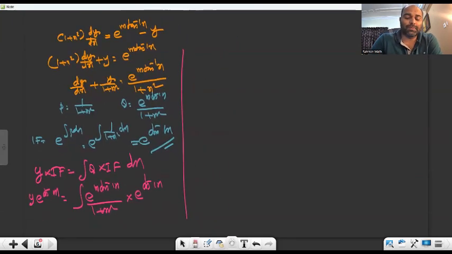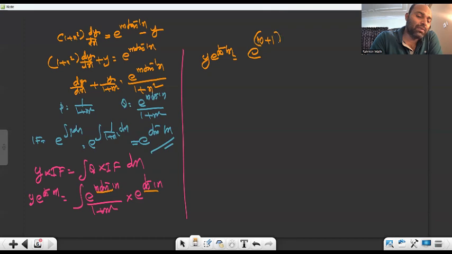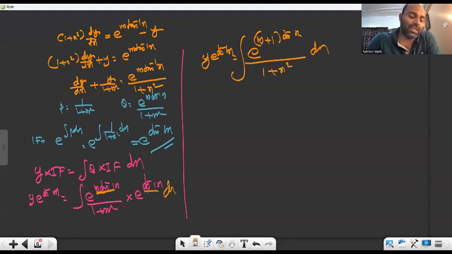Simply don't write it. Here m tan inverse x, here tan inverse x. We can add both, so it's not a numerical value. So what can we write? e raised to m plus 1 tan inverse x divided by 1 plus x square dx. Why m plus 1? Because here this and this we have to add: m tan inverse x plus tan inverse x. Tan inverse x is commonly taken outside, so only m plus 1 will be there.